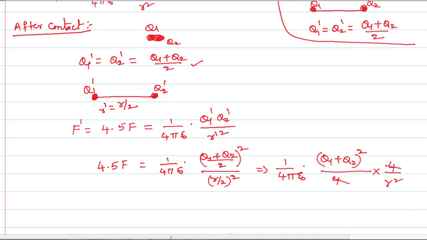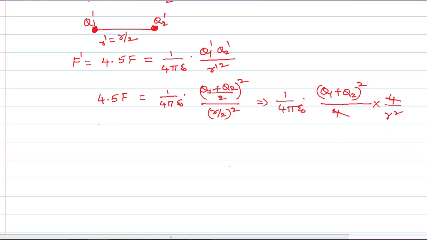The 4 terms can be cancelled. Finally, the equation is 4.5F is equal to 1 by 4 pi epsilon naught into (q1 plus q2) whole square divided by r square.